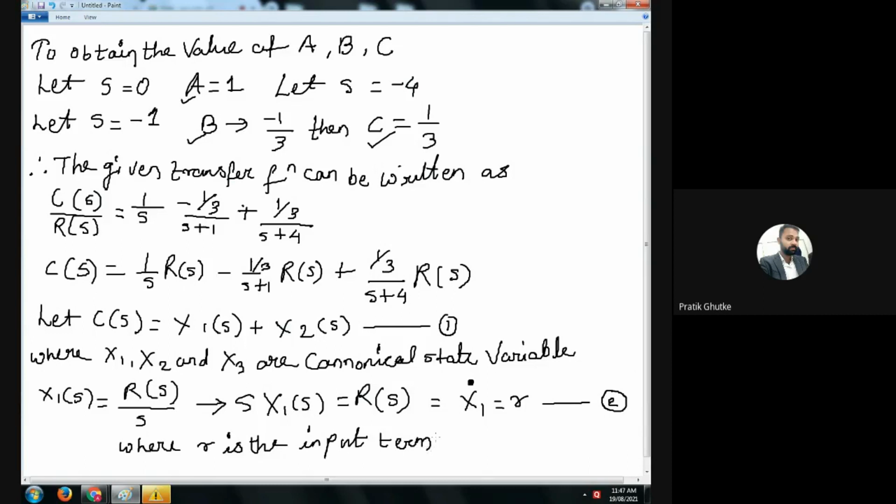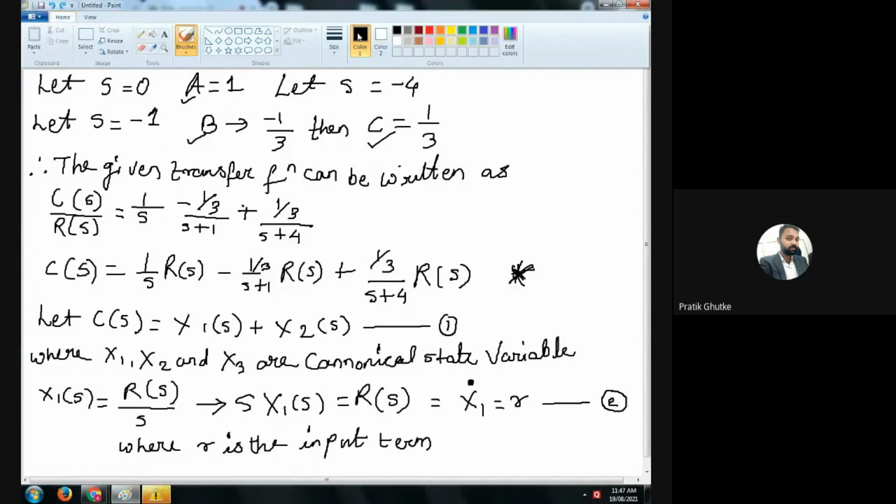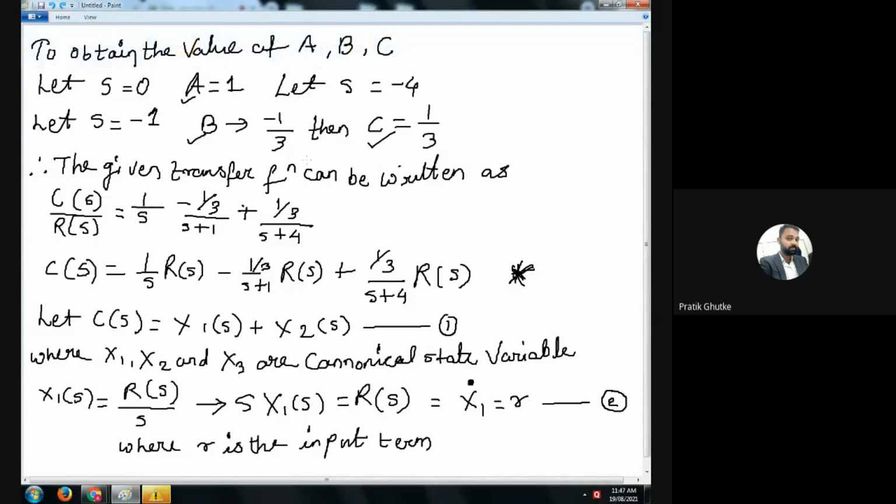So on a similar note, from this equation I have calculated x1 dot. Now this is x2 and this part is x3. So this one was my x1, this is x2 and then x3.